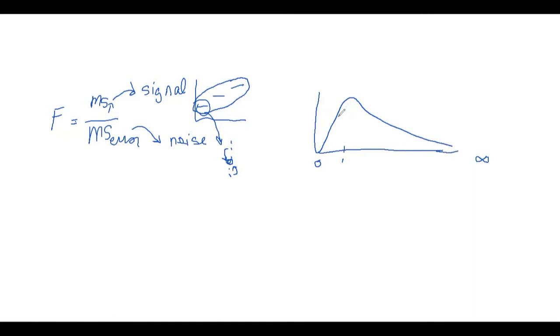And this F distribution is generated from the null hypothesis. So think about what this might mean. If the null is true, then our signal should be small compared to our error, and these things should be about 1.